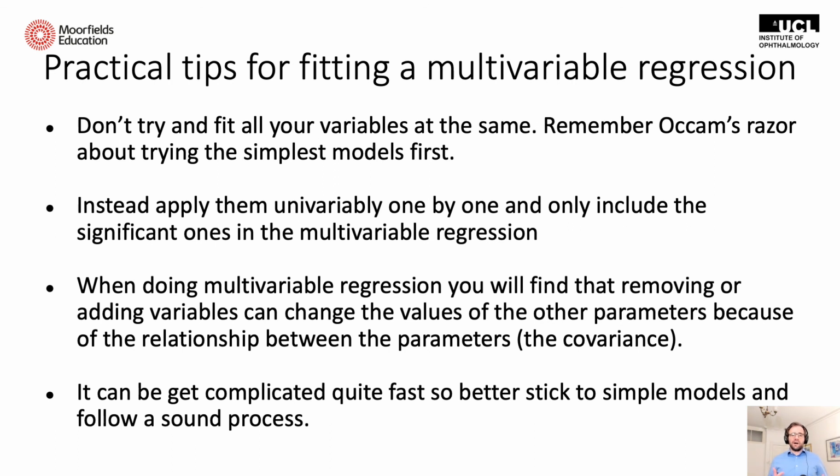So the approach I prefer is to univariably include your variables one by one, and see which ones are statistically significant, and then take all the ones that are statistically significant and put them in your multivariable model. And then see which ones remain statistically significant, because the multivariable model will take into account the covariance between the different variables.